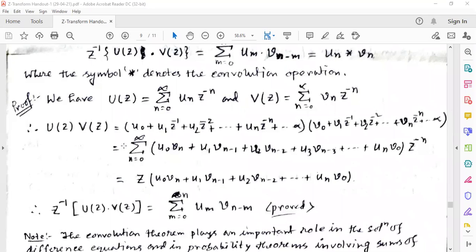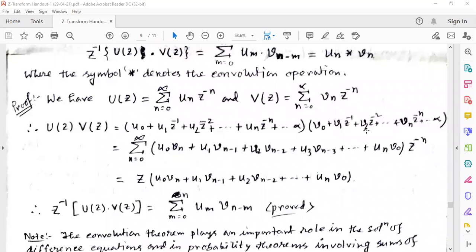Look here, we have U(z) equal to the summation n equal to 0 to infinity of u(n) z to the power minus n, and V(z) equal to the summation n equal to 0 to infinity of v(n) z to the power minus n. So U(z) into V(z) is this into this.